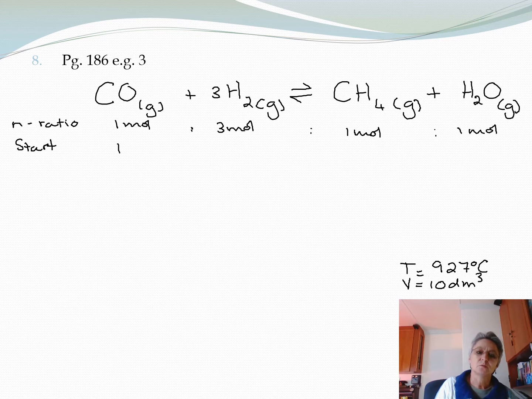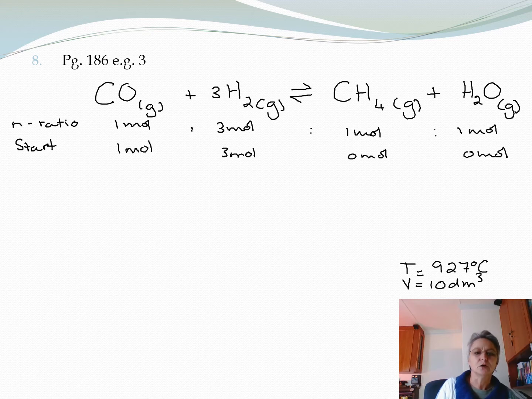So at the start we started with 1 mole carbon monoxide and 3 mole hydrogen. We started with 0 mole methane and 0 mole water. They say the reaction reaches equilibrium with 0.4 mole of water.